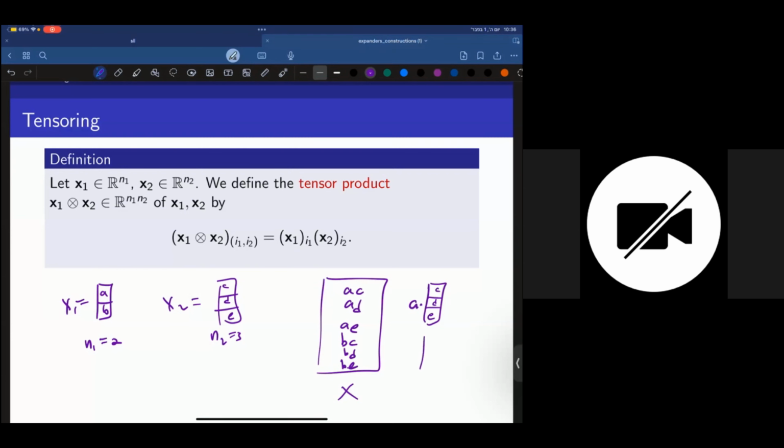And then you concatenate to that another cloud corresponding to the second entry, and you multiply by b the same vector. It's the same vector always. But you should think of it like every element here becomes a world of its own, which we call a cloud. And the only thing that happens is that it normalizes the x2 vector by the entry that's written there. Okay, so that's the tensor product of vectors.